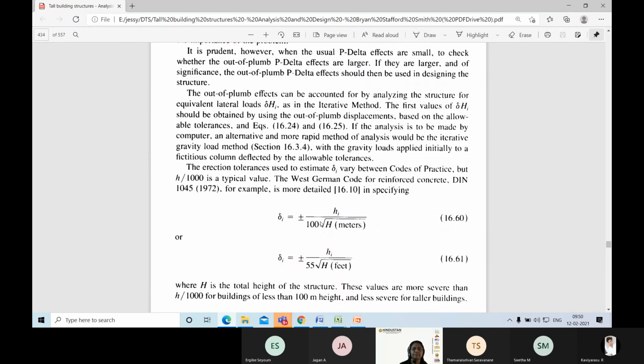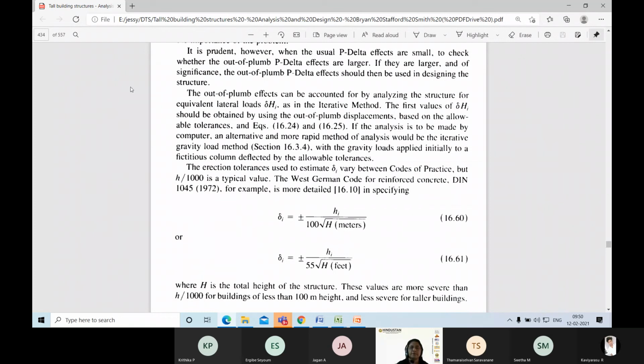Okay, so that is the meaning of out of plumb effect. Out of plumb effect is also taken into account in the German code for reinforced concrete. See, even in India, we don't have much information. Indian codes are not revised or equipped for the analysis of tall structures. So for the analysis of tall structures, most of us still follow the Canadian code and the European code.